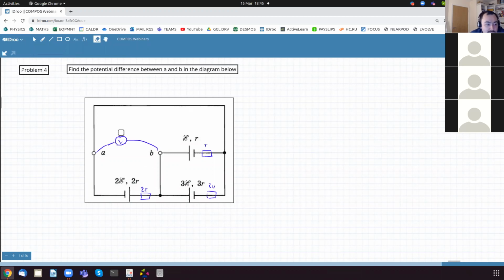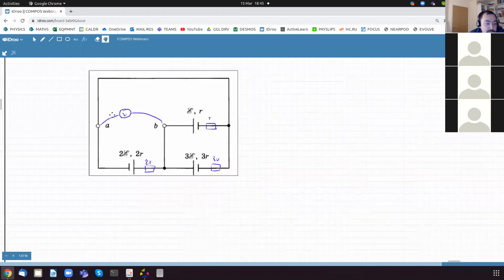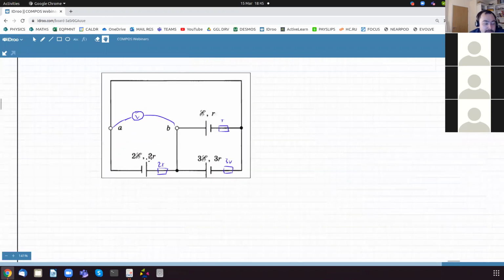Now, we need to understand that current will flow in this circuit. And so we need to assume the direction of the currents. But we can do quite a good guess. So you can see that this battery is pushing this way. This battery is pushing this. This is the most powerful battery. So it looks like the current will flow this way. Now, this is only one epsilon, one EMF.